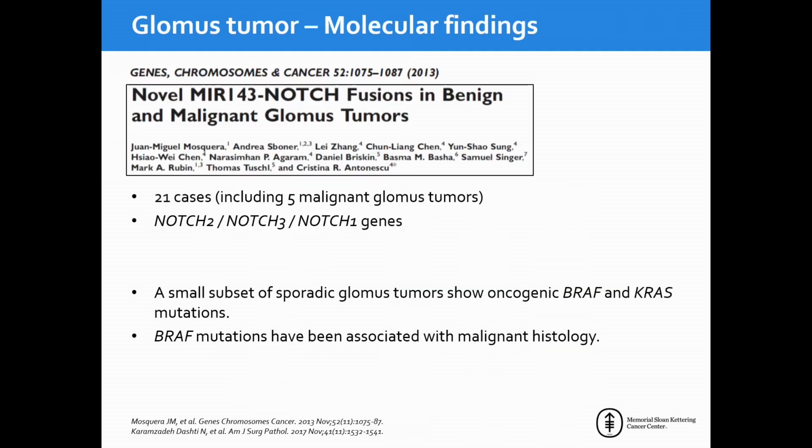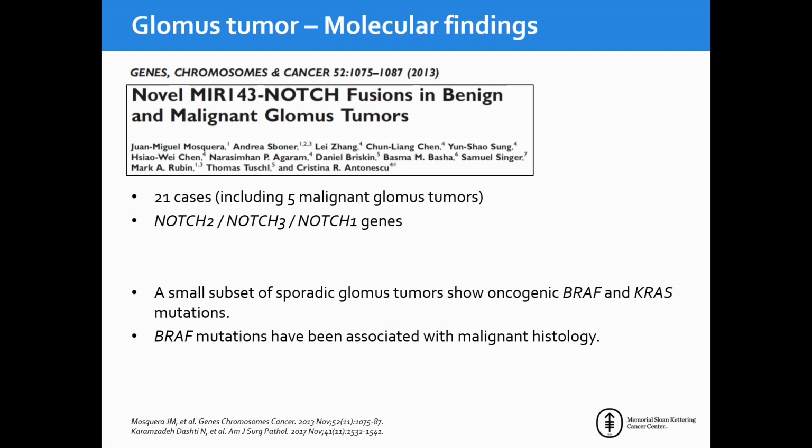What about molecular findings? Not much was known until this paper from Memorial earlier in this decade, where we looked at a bunch of glomus tumors, about 33, and by RNA-seq and FISH validation found novel microRNA 143 NOTCH-related gene fusions, in both benign and malignant glomus tumors. The NOTCH gene fusions occurred in NOTCH2, NOTCH3 or NOTCH1 genes.